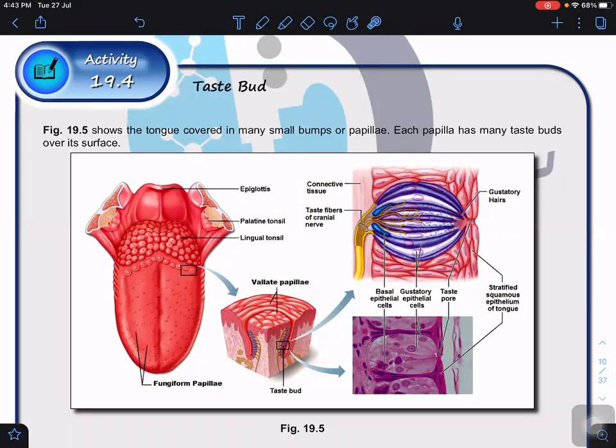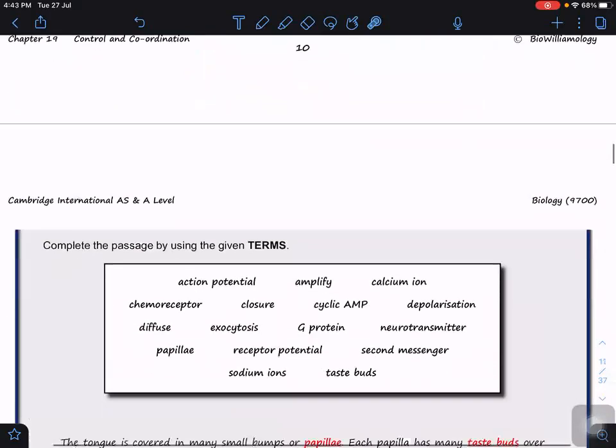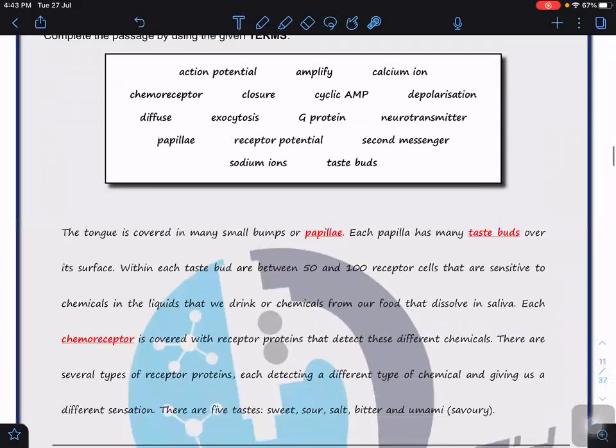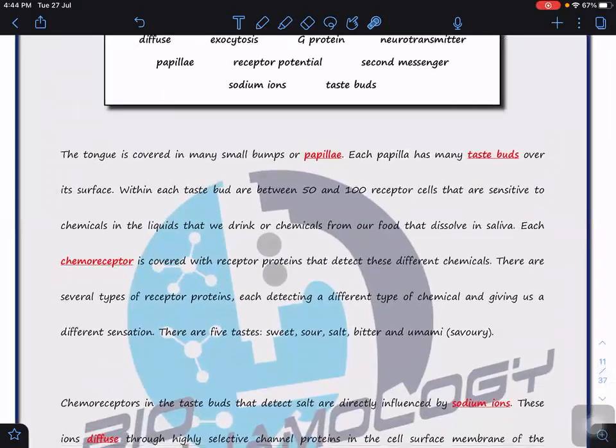Now let us look at what actually happened here. Our tongue is covered by many small bumps, or papillae, and each papilla has many taste buds. Each taste bud has 50 to 100 receptor cells that are sensitive to the chemicals in the liquids that we drink or chemicals from the food that dissolve in our saliva.